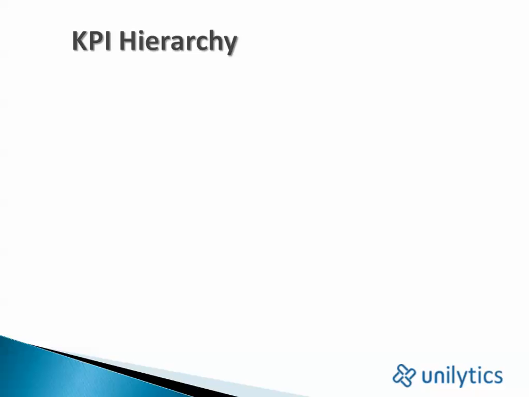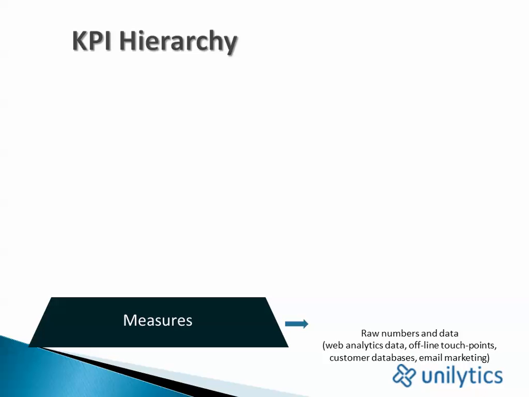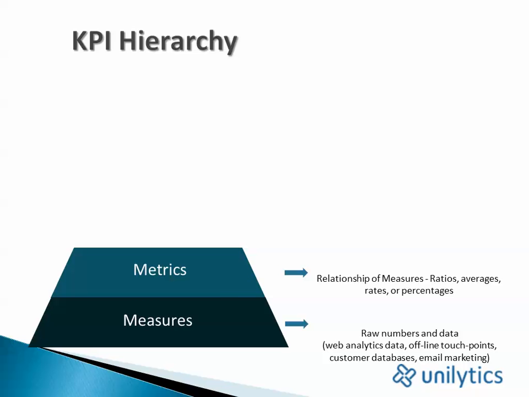Over the years, we've determined that the best hierarchy to describe KPIs goes along these lines. We have measures, which are raw numbers and data. This tends to come from the actual activity that's occurring, recorded by your web analytics software. Then metrics, where we take those numbers and start to relate them to each other, as we said before, this as a ratio of that number.